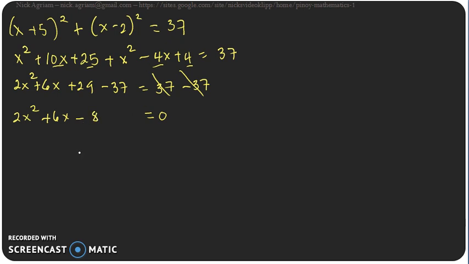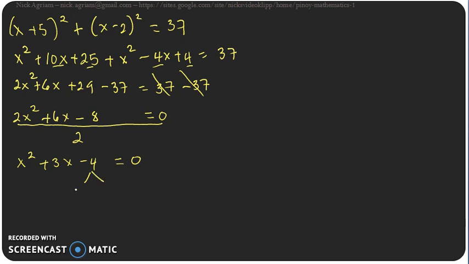What you can do to make it easier, if all the terms are divisible by 2, then we can divide it by 2. So we have x squared plus 3x minus 4 is equal to 0.